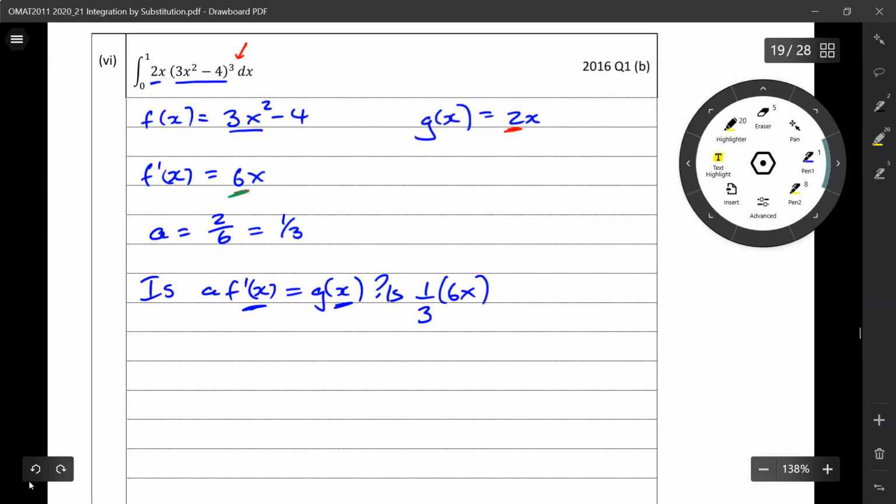So is 1/3 times 6x equal to 2x? That's saying a times the first derivative of f of x, is that equal to g of x? And you can see here that it is, because 3 goes into 6 twice, so 2x is equal to 2x. Yes. So that means we can now use our formula.